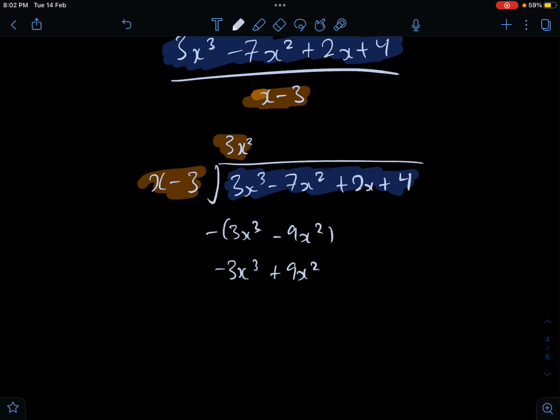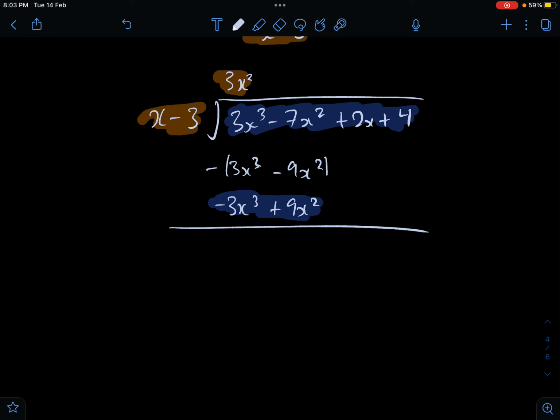You've got to make sure you have these brackets that I've got here, because otherwise you might get it confused. Let me just show you. If you didn't have the brackets, it would just look like this, and you might subtract the 9x squared. So make sure you've got the brackets. You expand the brackets, and then you add the two blue terms together.